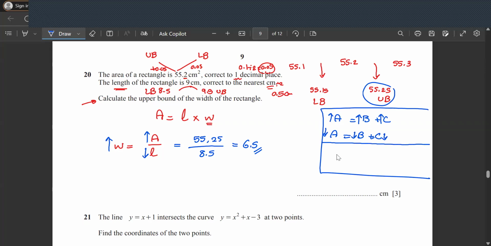Okay. If it is multiplying, if I want the upper bound, take the upper bound here and upper bound here. And if it is the lower bound, take the lower bound here and here. So for adding and multiplying, same.